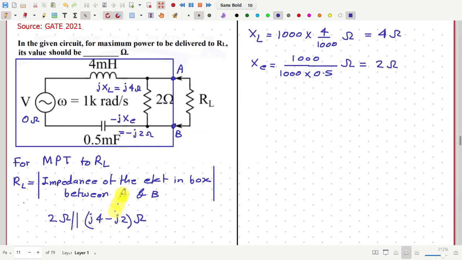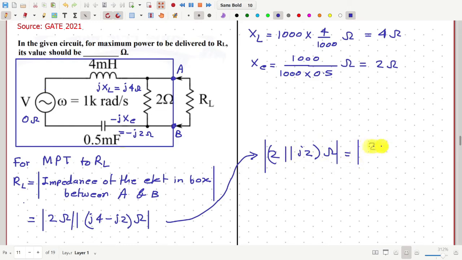So this is the impedance of this circuit between terminal A and B, and we have to find the magnitude of this. So this is equal to, let me write here, 2 and J2, they are in parallel. This is in ohm, which is equal to 2 into J2 divided by 2 plus J2.